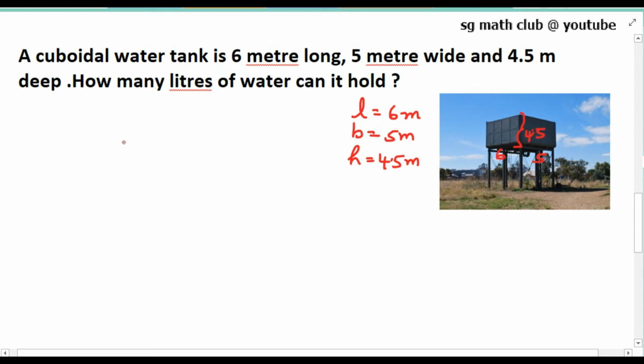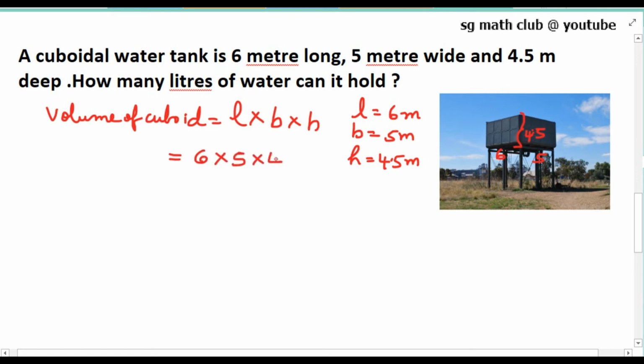How many liters of water can it hold? So we need to find out the volume of cuboid, and the volume of cuboid is length into breadth into height, which is equal to 6 into 5 into 4.5, and when you multiply this you will have 135 meter cube.